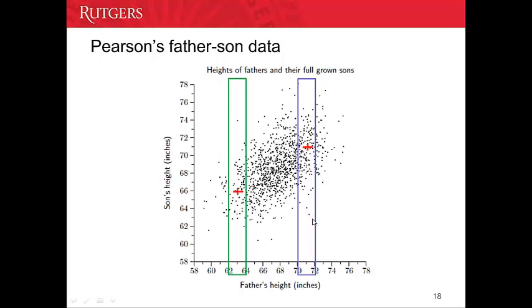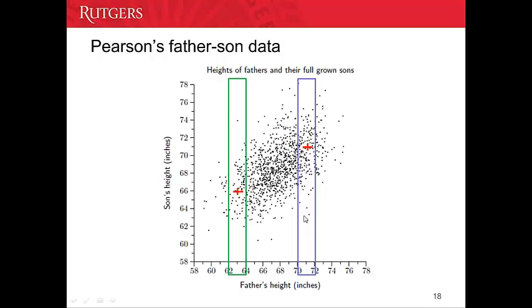Let's take a look at these data points. For this data point, even though the father's height is located in this portion, the son's height is around 74, higher than the average height of sons whose fathers are in this portion.